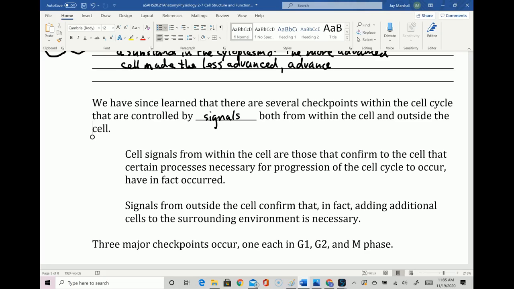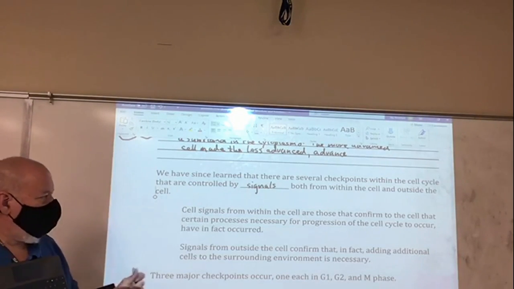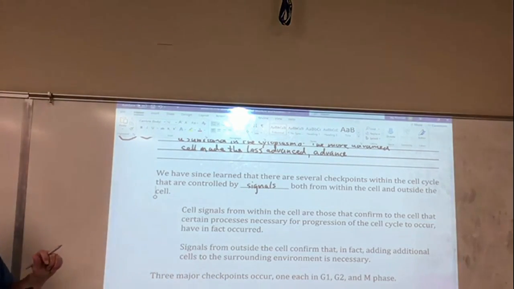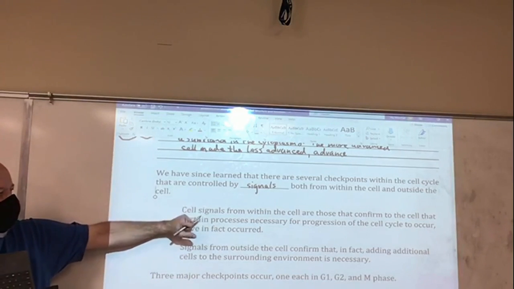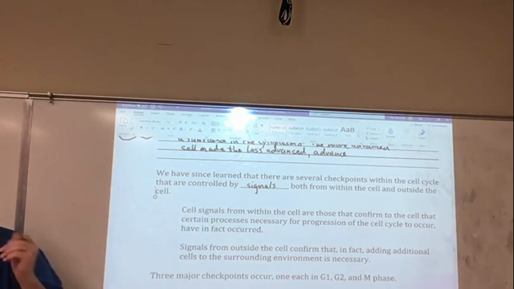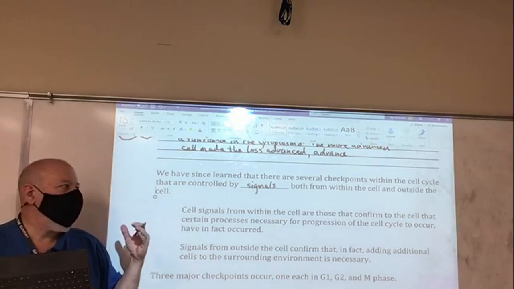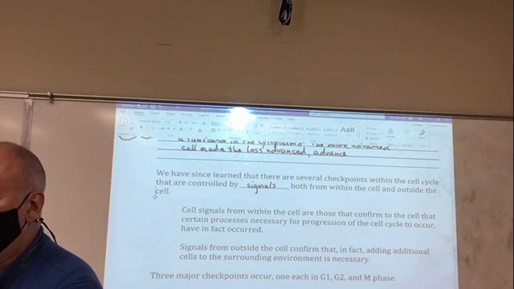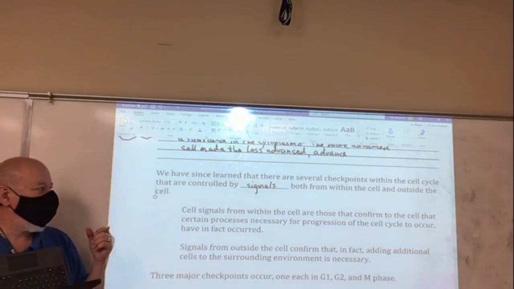Cell signals from within the cell are those that confirm that certain processes for progression of the cell cycle have in fact occurred. I am going to tell the cell, hey, I'm done with everything. I'm done recovering, right? In G1, I'm recovering, and I'm accomplishing the function that I'm supposed to accomplish. But now I've done that. I've been there. I've done that. It's okay for you to advance to the next stage.